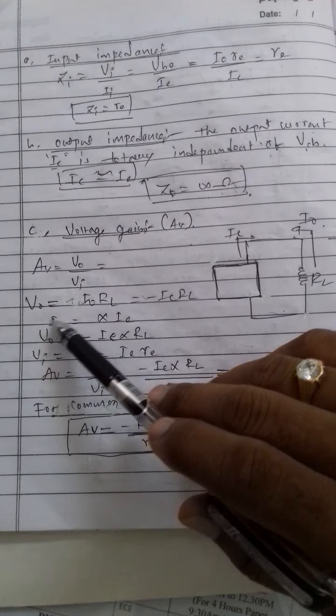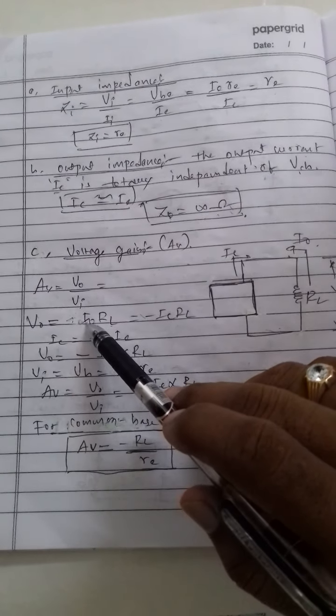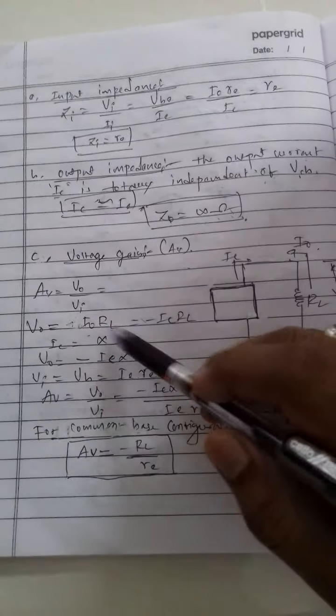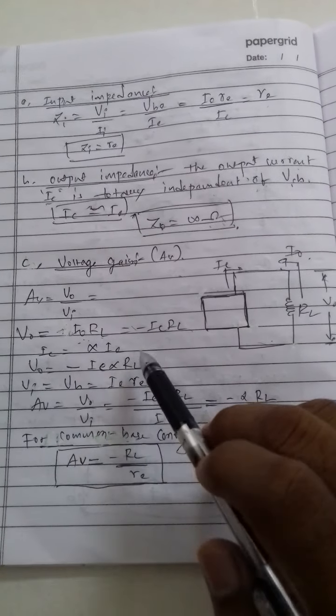The voltage gain is equal to output voltage upon input voltage. Output voltage is equal to Io RL.